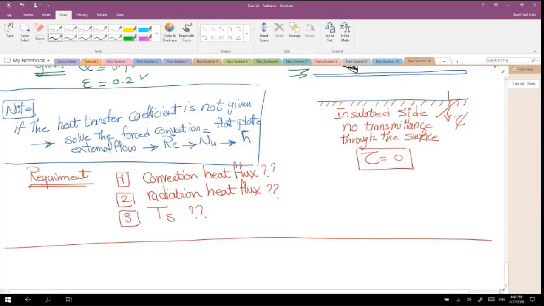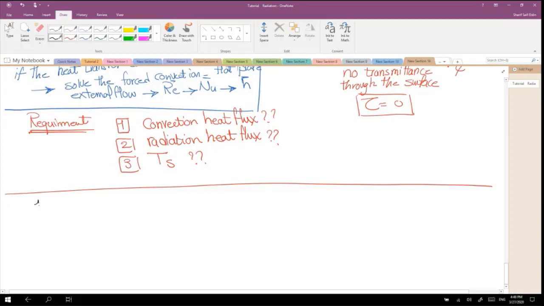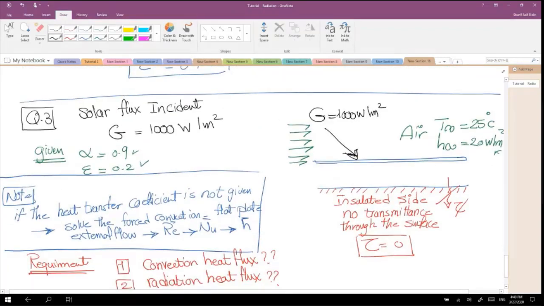Alright, so we will start solving this problem by, first thing, drawing the heat fluxes on your schematic. So I only draw here G. So also we're going to have q double dash convection, and we have J, radiosity, right?